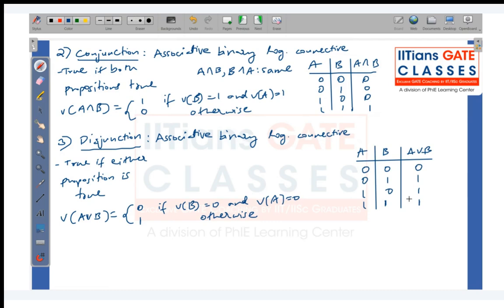Correct? Any doubts here? One other thing, it's associative also, I mentioned. So A or B and B or A, these are both the same.